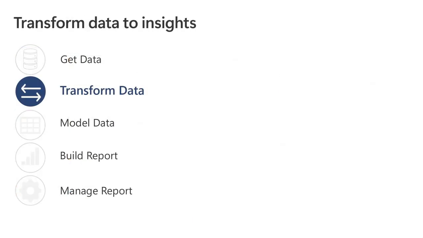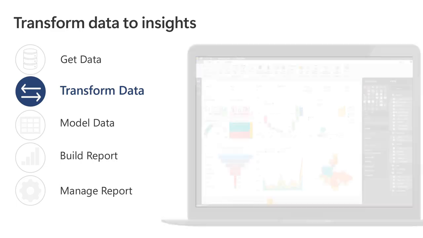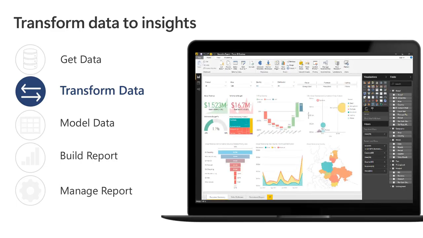And once you've connected to your data, you'll probably want to transform your data. And transforming data can be as simple as removing columns, through to merging data, filtering data, and even pivoting it. And all this is done to give us the tables in the shape that we need in order to drive our data visualizations.